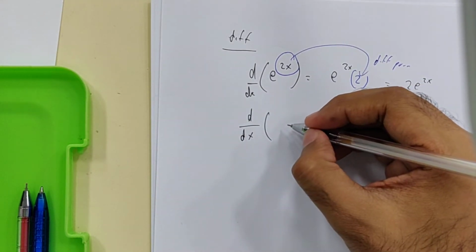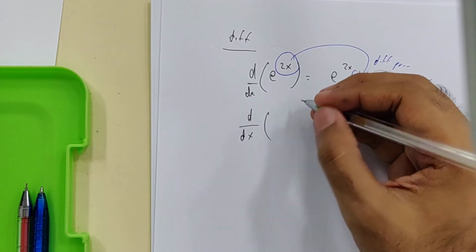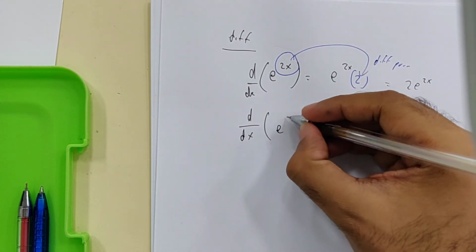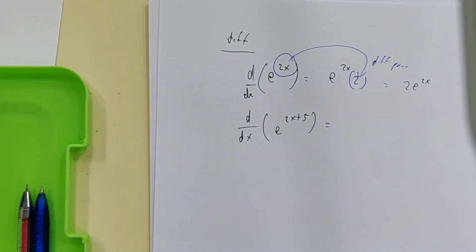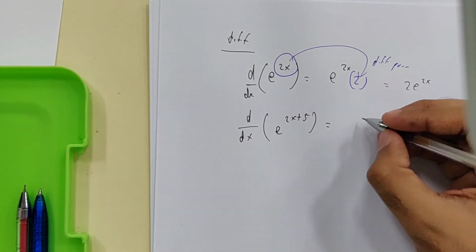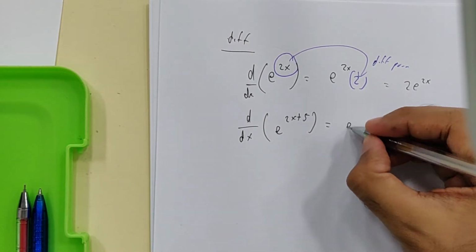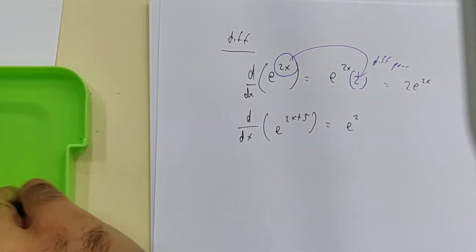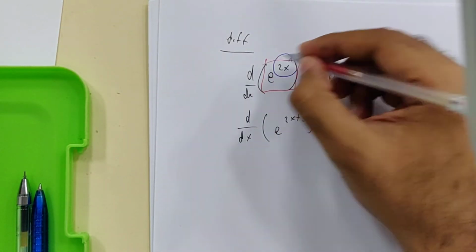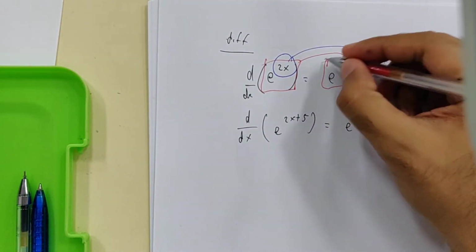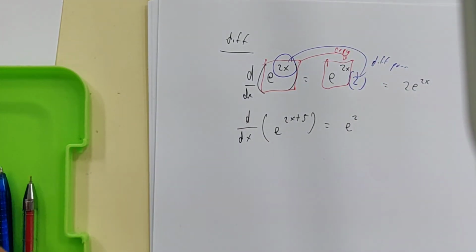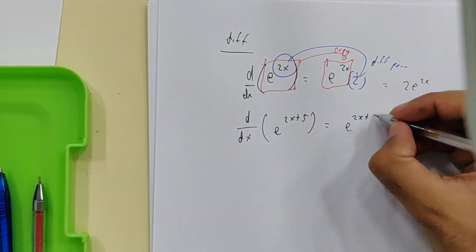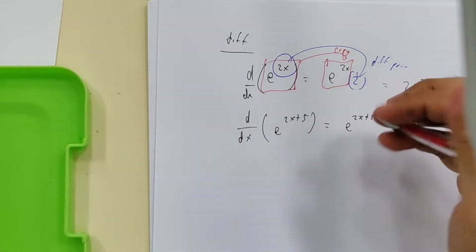Now make life a bit more difficult for you. What about e to x plus 5? Same thing, you copy first. You copy and then this one, e to x plus 5.